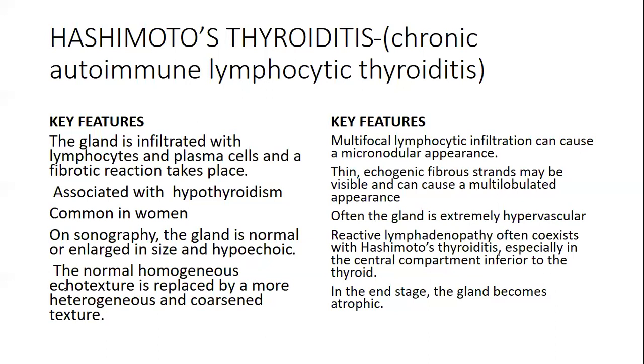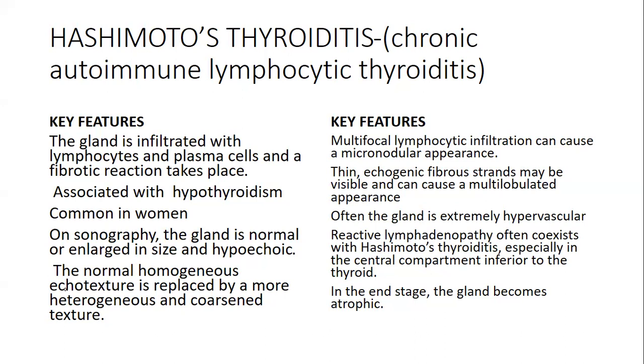You have thyroid tissue, in this case, being infiltrated by some plasma cells and also some lymphocytes. So they infiltrate and then produce some inflammatory changes, which automatically result in the enlargement of the thyroid.